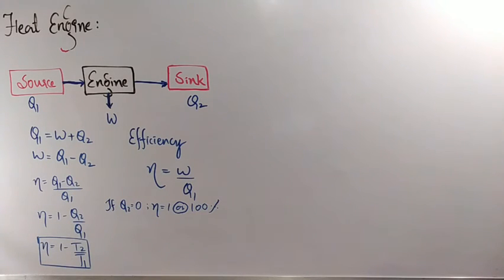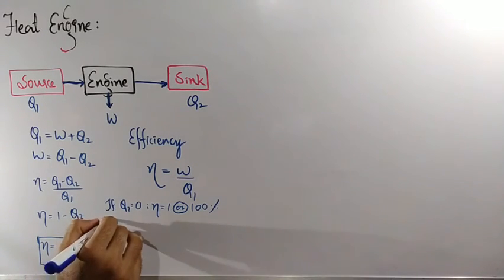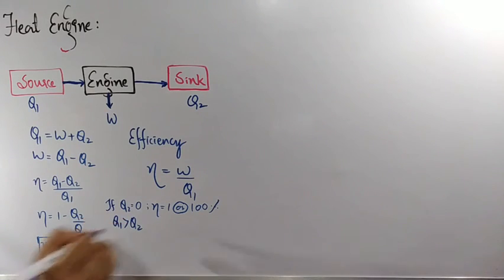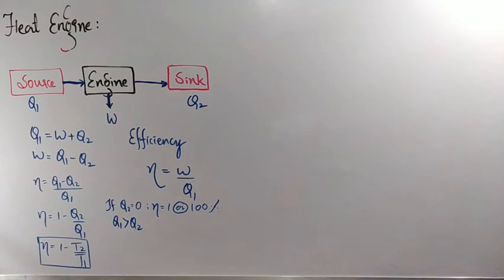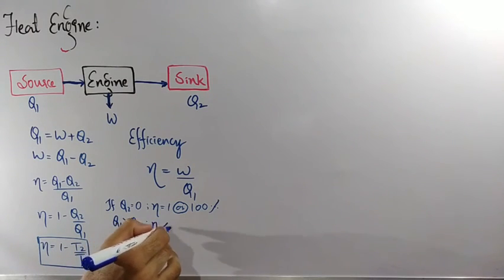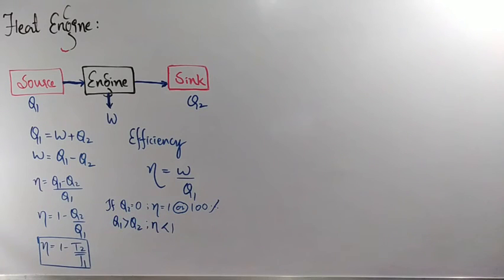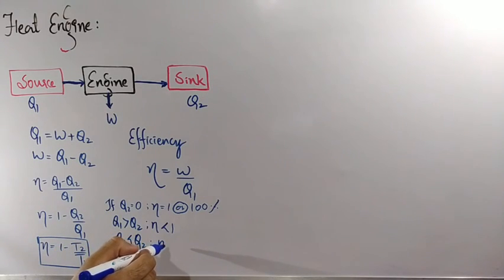One more thing you should remember: if Q1 is greater than Q2, then the efficiency will be a positive value, but less than 1. If Q1 is less than Q2, then the efficiency will be less than 0, that is, a negative value.